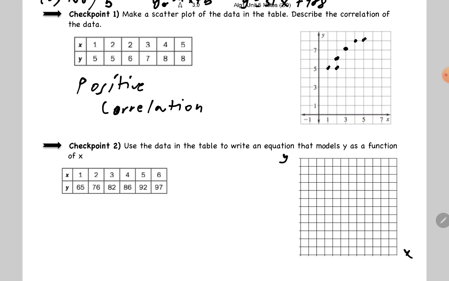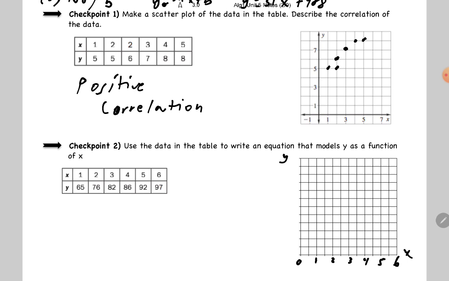We have 1, 2, 3, 4, 5, 6, but let's spread them out. So let's say every 2. And we'll call it 0.